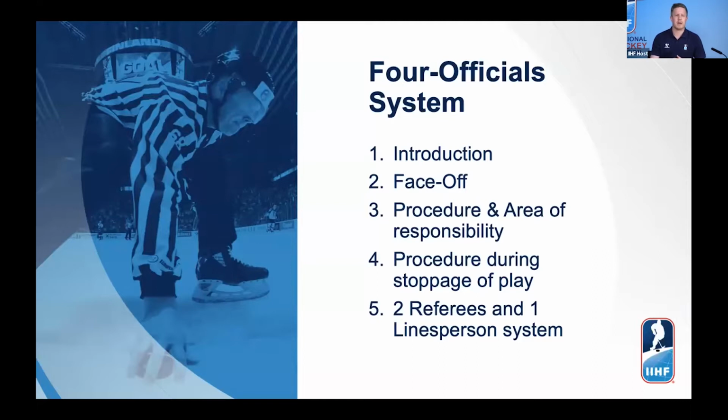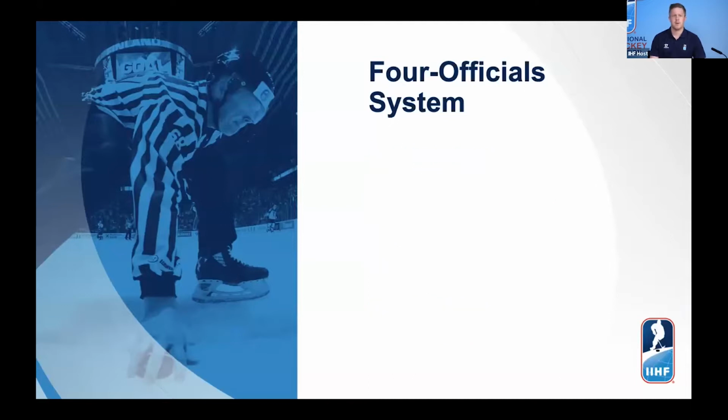This is then broken down to procedures during stoppage of play when play is not going on. And the last chapter is really to explain what we do if we have a referee or a lines person that is injured. We will try to cover the important changes and updates in these 5 chapters in this presentation.